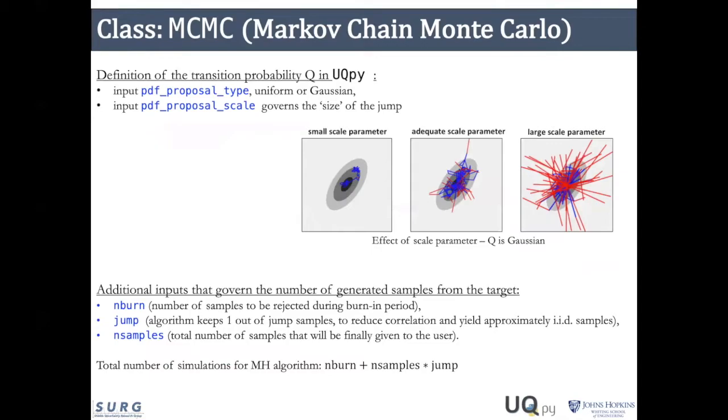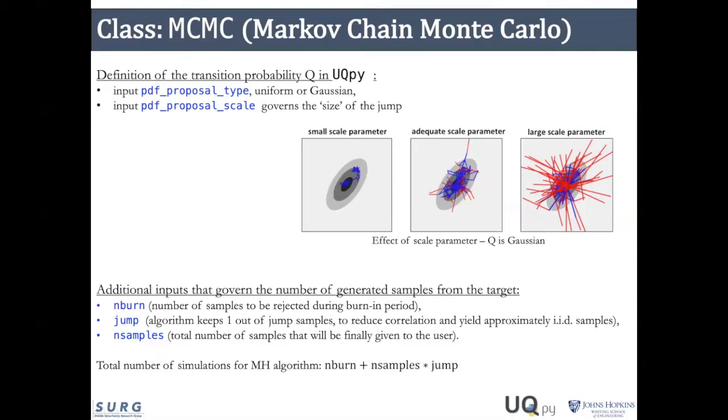Okay, and the other thing that's important in how you define MCMC is the transition PDF Q. And this is going to be defined using pdf_proposal_type and pdf_proposal_scale. So the type is either uniform or Gaussian. And then the scale governs the size of the jump.